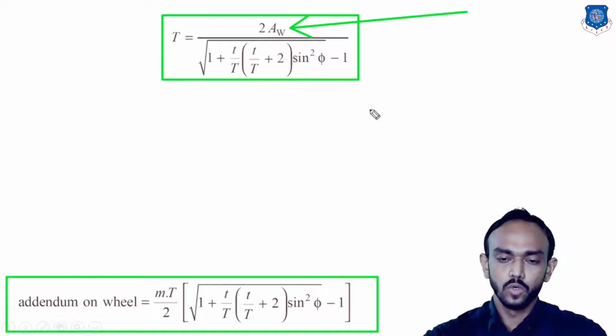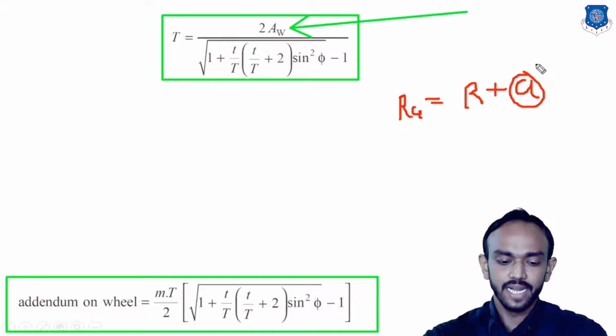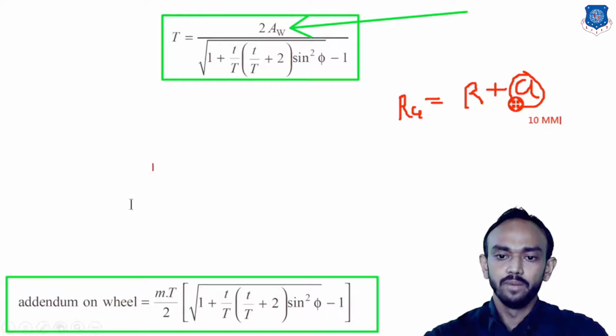First we must know that the addendum radius is always equal to the pitch radius plus the addendum. In the derivation of the minimum number of teeth, we assumed that the addendum A is always a fraction of M. For example, sometimes A is given as 10 mm and module M is given as 5 mm.